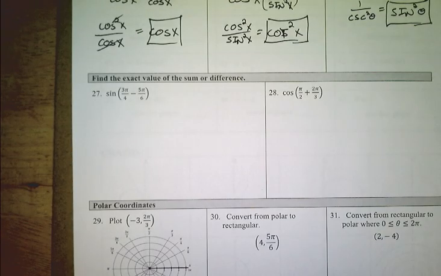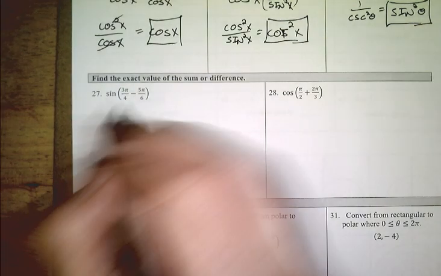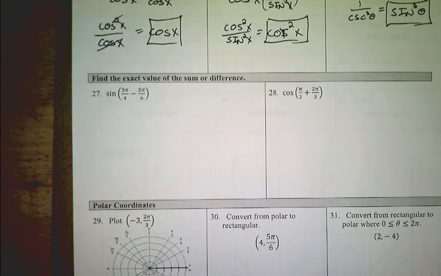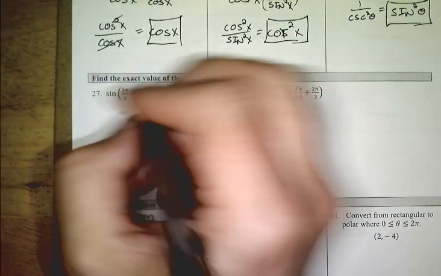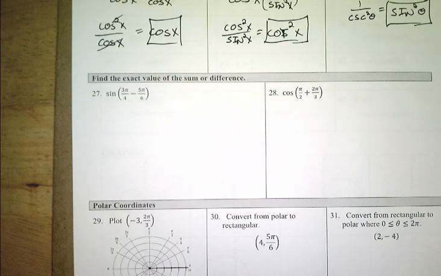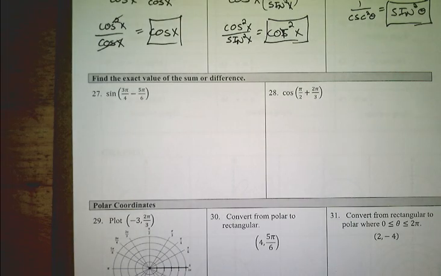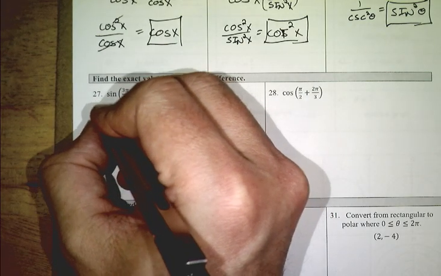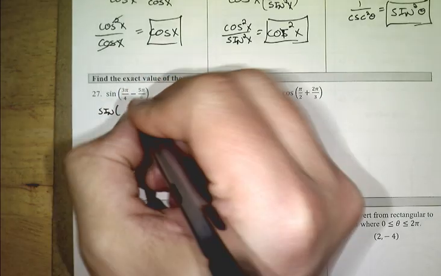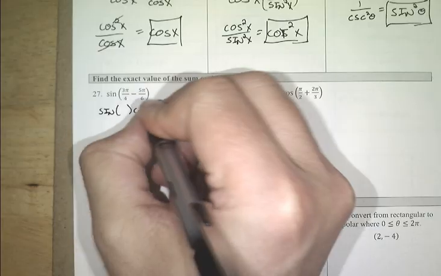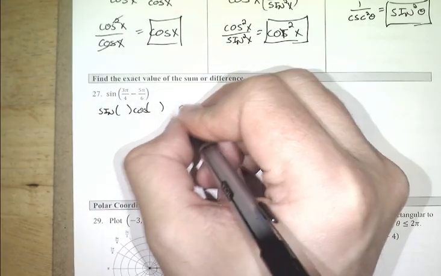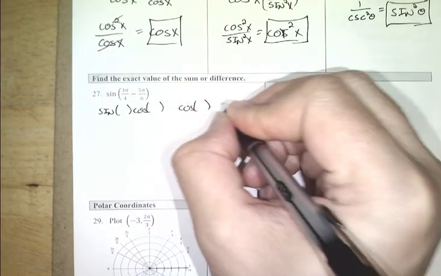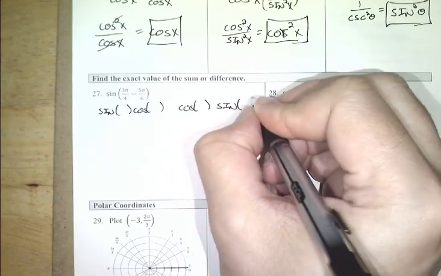Now here we have find the exact value of the sum or difference. So I have sine of 3 pi over 4 minus 5 pi over 6. In this case, it's sine of the difference of two angles. So this will be sine cos, cos sine.